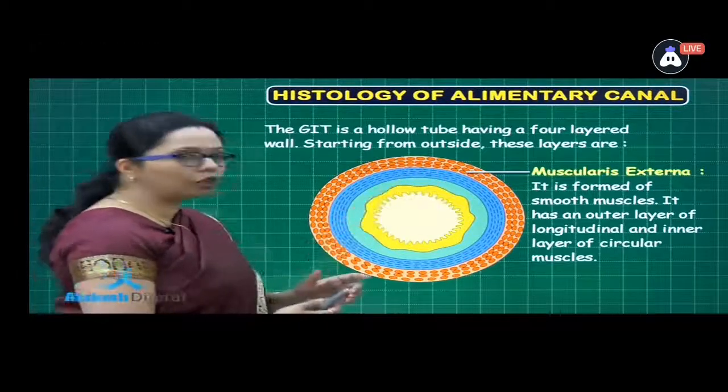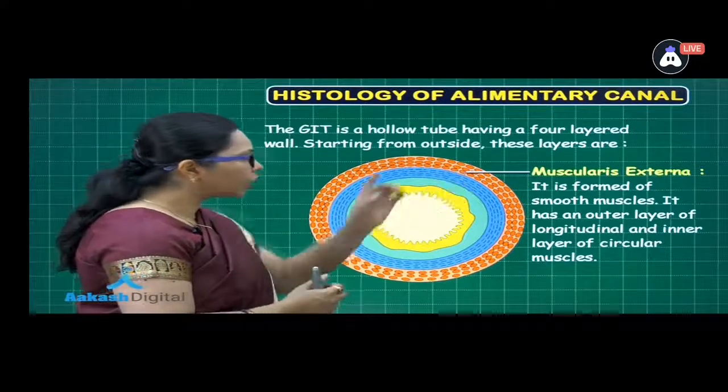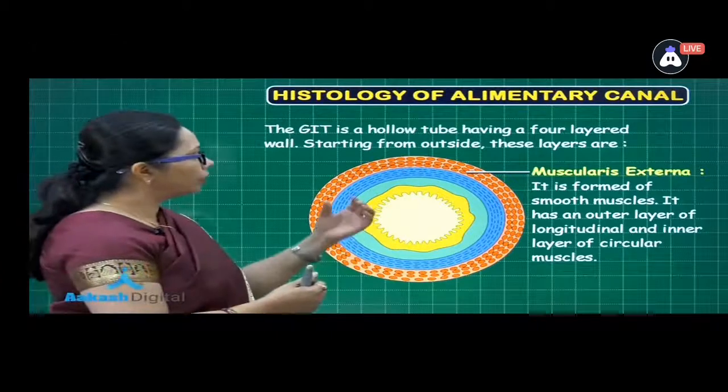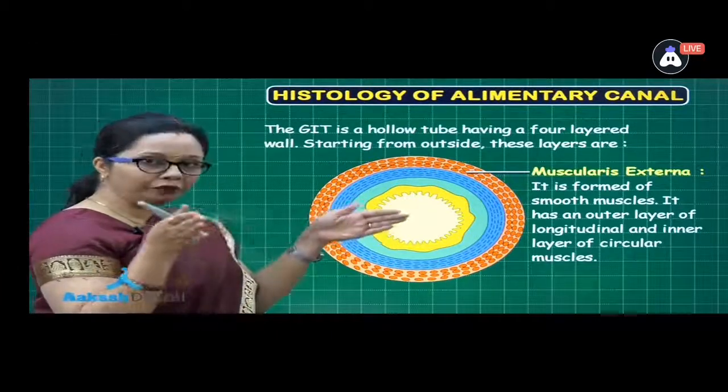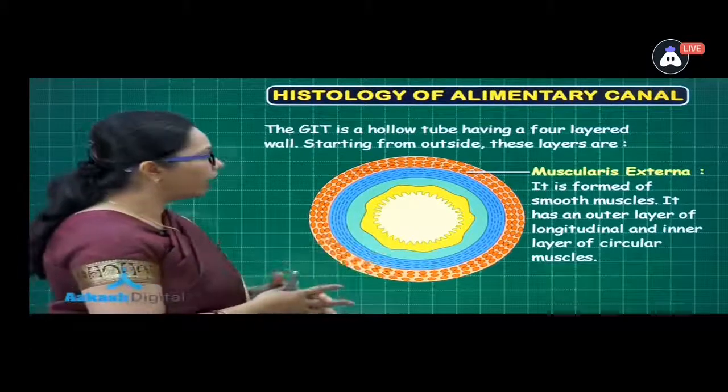So if the circular muscle contracts, the lumen will be narrowed, while contraction of the longitudinal muscle is going to cause the length of the alimentary canal to shorten, but then in that case the lumen will broaden.